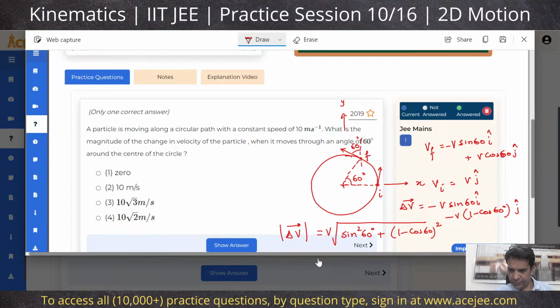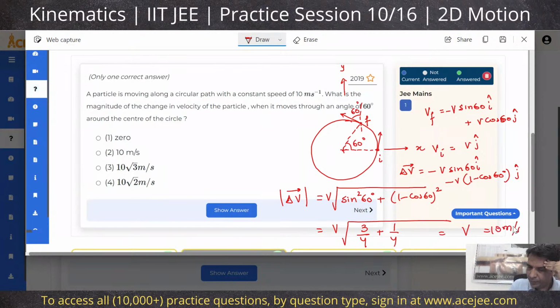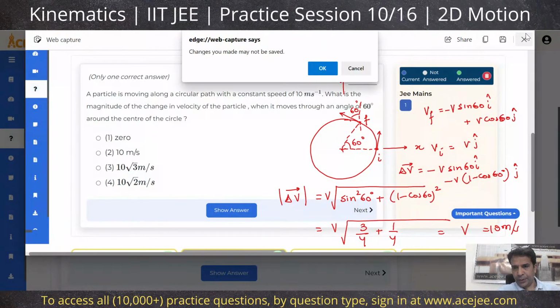Yes, sir. Am I missing something here? Oh, sir, this will be 3. Sorry, my wrong. This will be 3 by 4 plus 1 by 4. That will be equal to... Yes. Okay. Correct, beta? Can I move on? Yes, sir. Okay. Good.